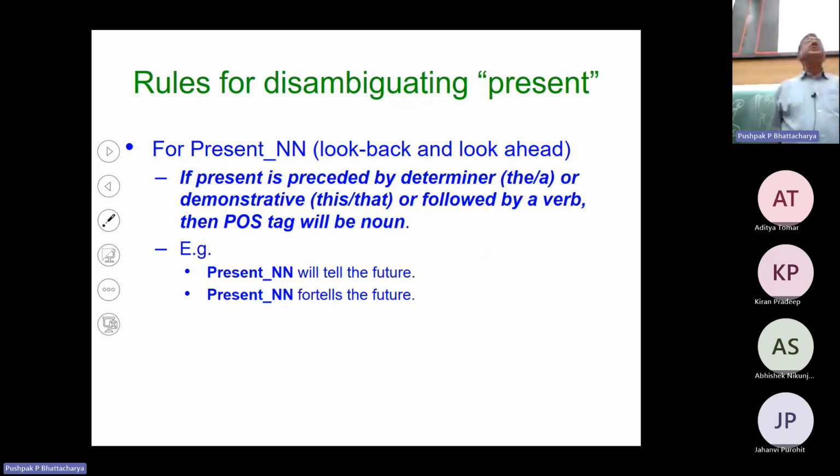So which rule should I choose is another difficulty. Which rule should get precedence? When we have rule-based systems, it is often a very difficult question deciding on the priority of the rule.